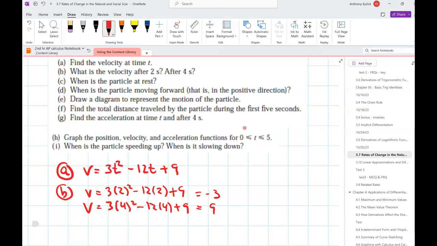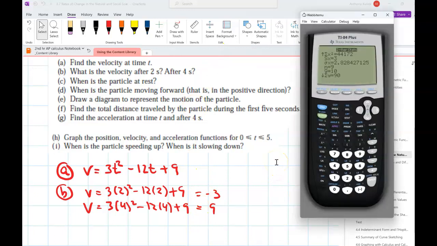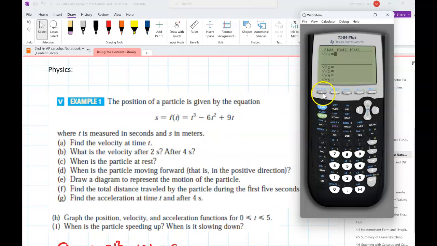Now, if I'm on the AP exam and that's a question in a calculator section, I am not risking doing any of part B by hand. What I would do is type the original function into my calculator, into the y equals menu.